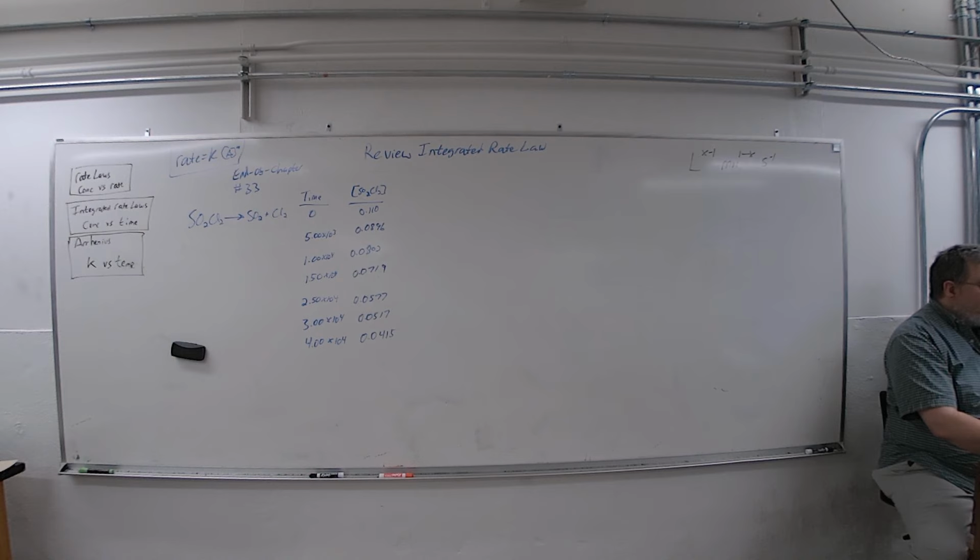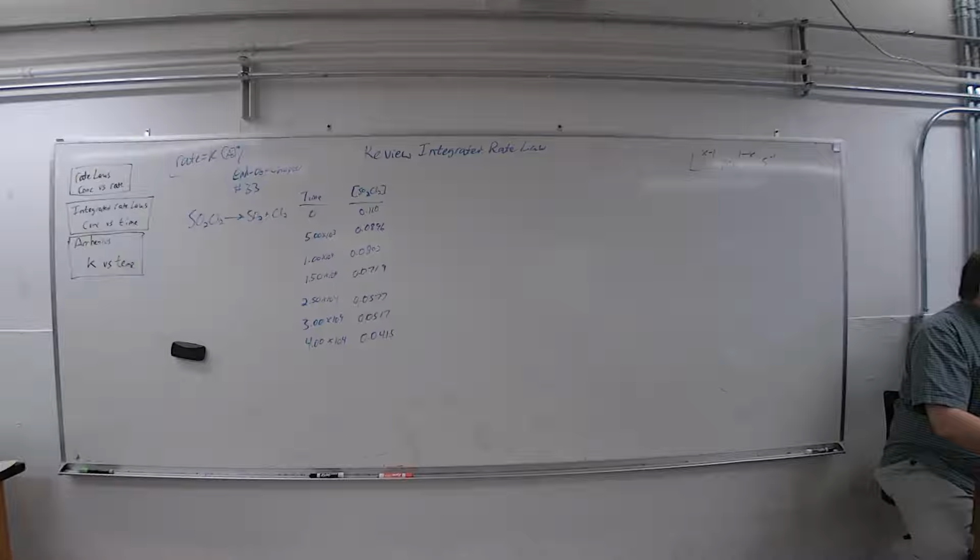Looking at this, did I put the data in right? Because both of these look linear to me. I would give you data that's clearly linear or not. So I think that's unclear.